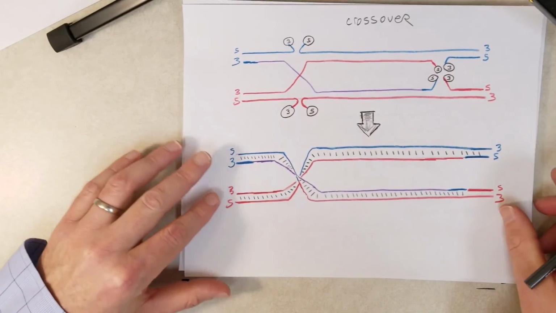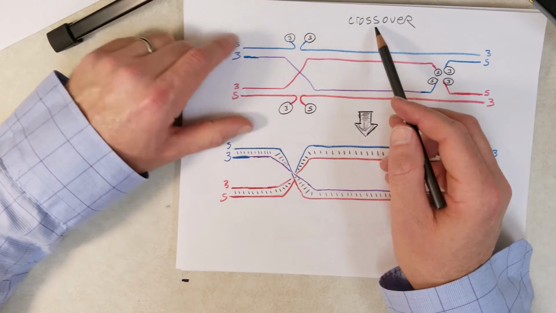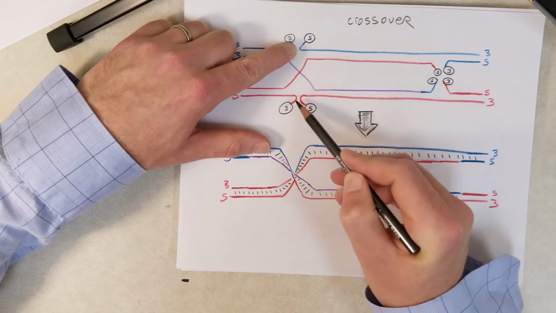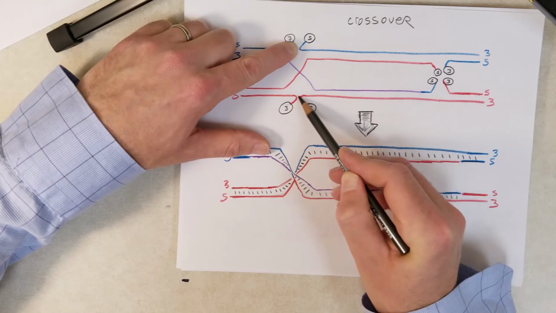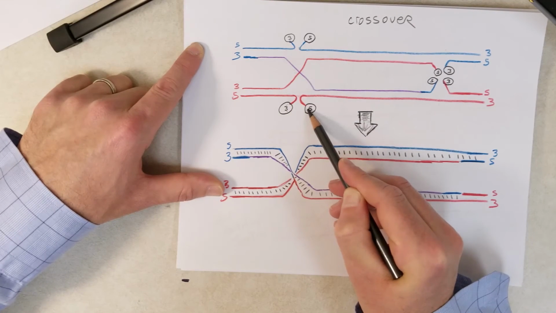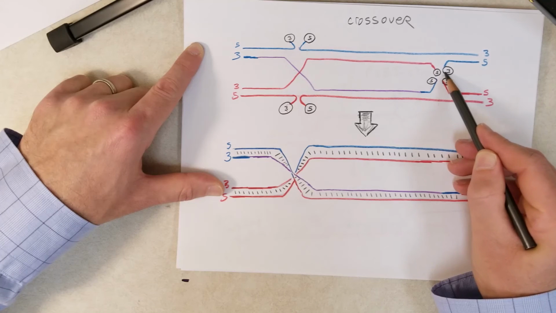Okay, so like I said, for the situation that results in a crossover, we cut where the red arrows were, here and here. That leaves a 3' end and a 5' end here, 3' and 5' here. And then we cut where the blue arrows were over here, leading to 5' and 3' ends here.